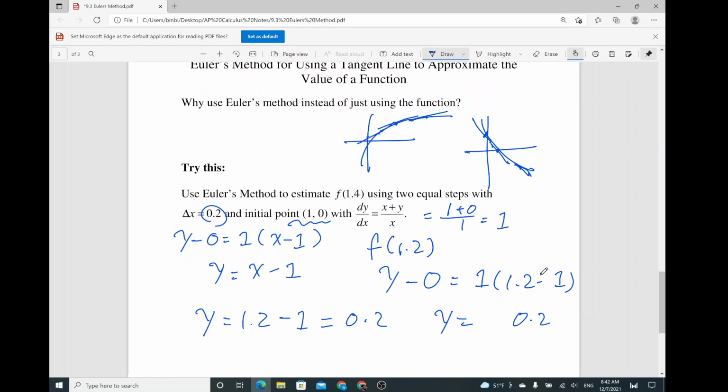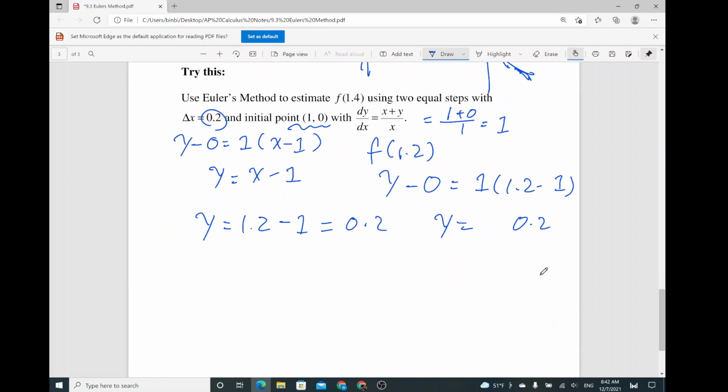And now the next one that we want to find is f of 1.4. So to get that f of 1.4, again, we're using the previous point. So for that 1.2, we got 0.2. So y minus 0.2 equals the slope from the previous point, which is f prime of 1.2.